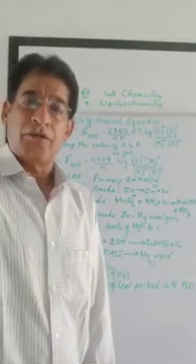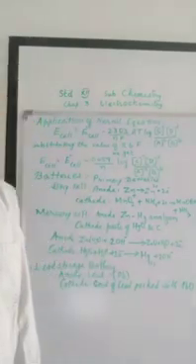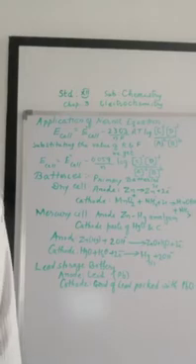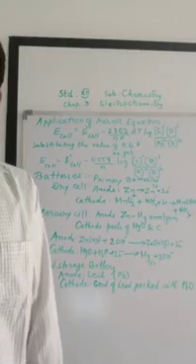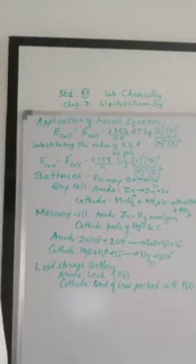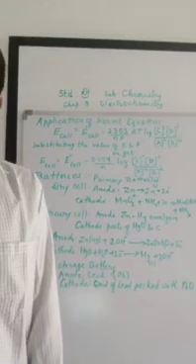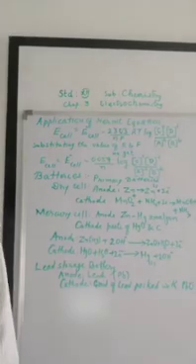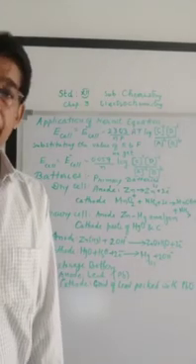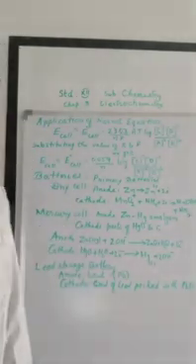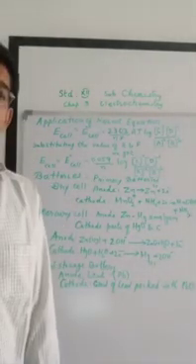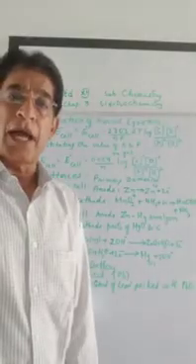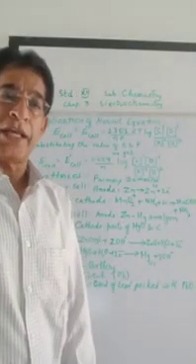Now, first, the dry cell. In the dry cell, at the anode, a zinc container is used, and at the cathode, a carbon or graphite rod surrounded by powdered MnO2 and carbon is used. Electrolytes are ammonium chloride and zinc chloride.